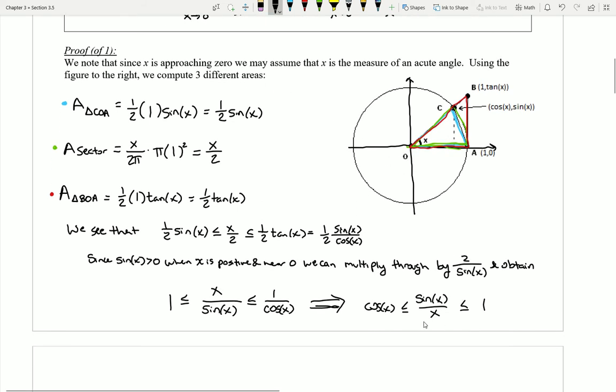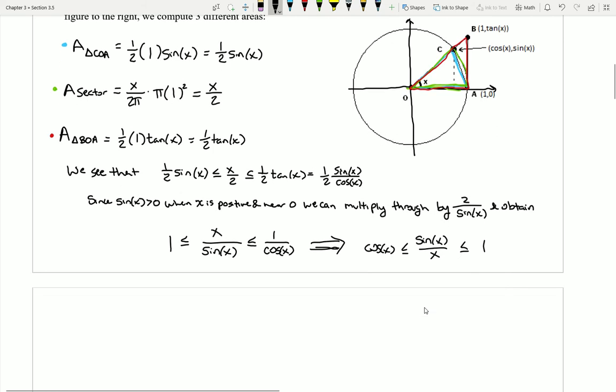Take a look at where sine of x over x has ended up. It's been wedged between two functions. Any idea what I could use here to help find this limit? Well, I might be able to use the squeeze theorem.